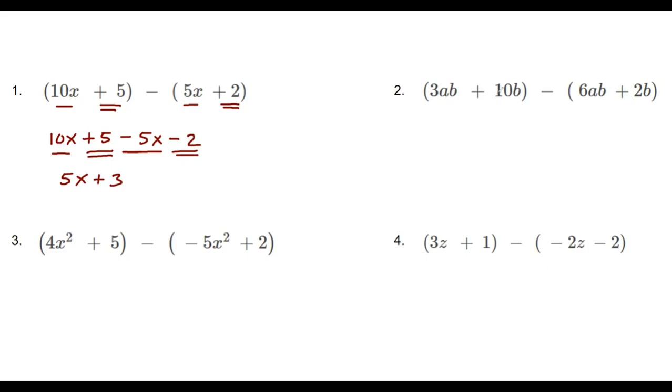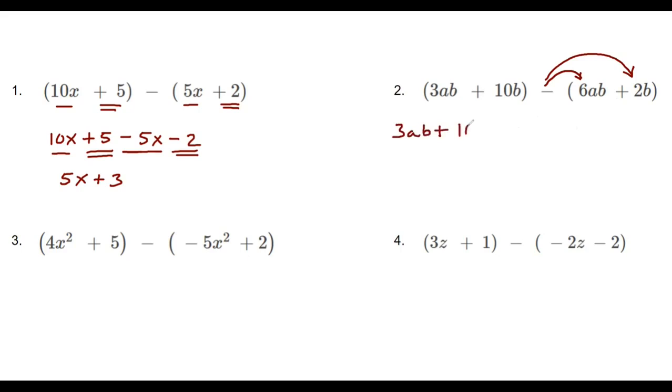So let's practice that process of changing the sign. I'm going to use this negative sign to change the sign of that and to change the sign of that. And we would do this no matter how many parts there are, how many terms are in those parentheses. So we can rewrite the first part, 3ab.